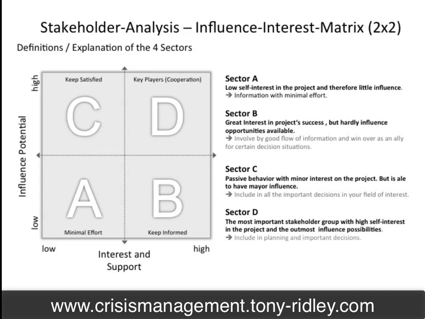Therefore, what we can then do, A being in the lower left quadrant, B being in the bottom right, C the top left, D in the top right, what we can then do is migrate through to a status of priority of communication. Is it something that we need to provide minimal effort and we simply monitor? Is it something that increased because of the interest and support, but they have very little influence that we simply keep informed?